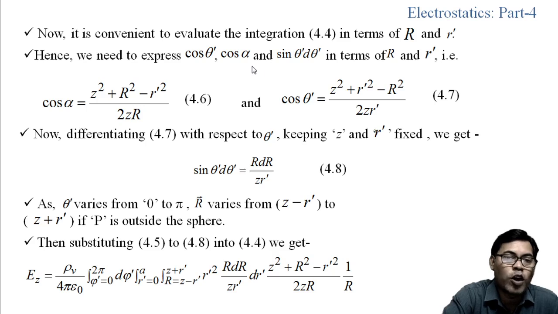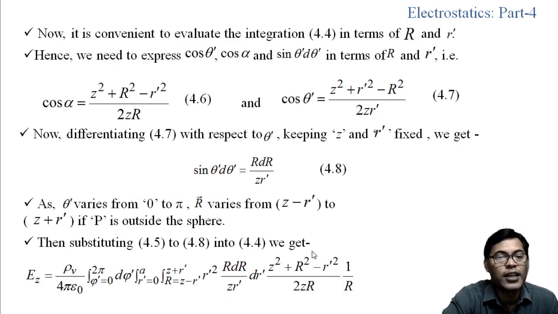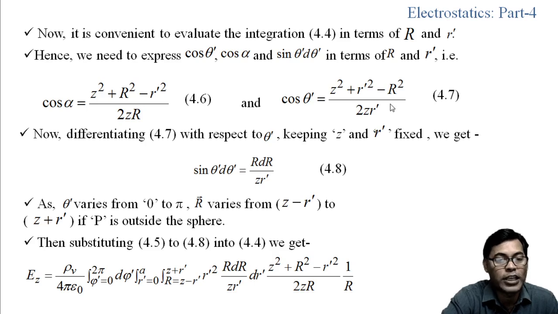The cos alpha and cos theta prime we can get from the cosine rule. Cos alpha is z square plus R square minus r prime square divided by twice zR. Similarly, cos theta prime is z square plus r prime square minus capital R square divided by twice z r prime. Here we got the expression.